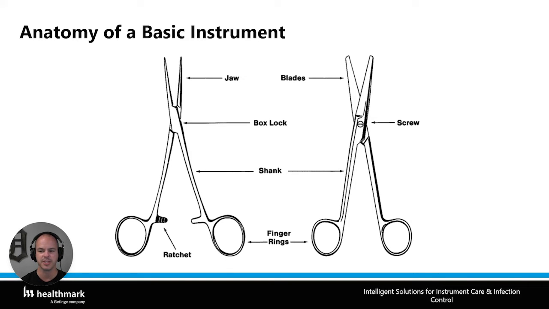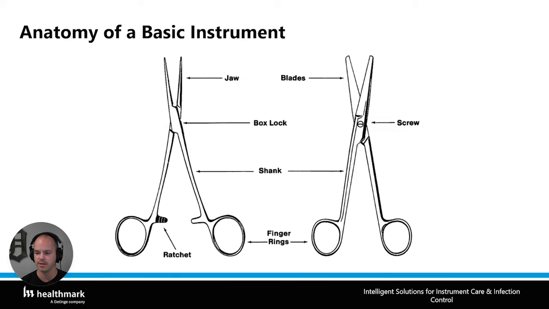One thing about the shanks is to understand that that's typically where you're going to get the length of your instrument. So you could have a standard size, a medium size, a long size, and even an extra long size of these instruments. Typically, that size is really determined by the length of the shank.